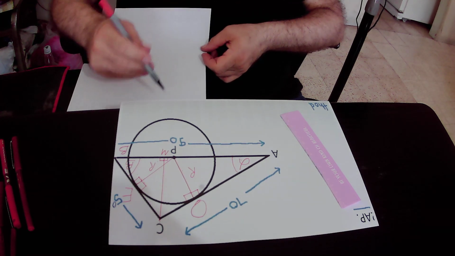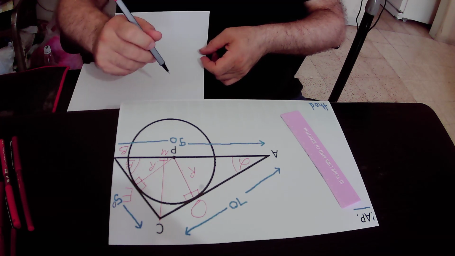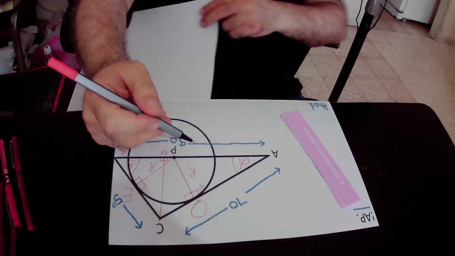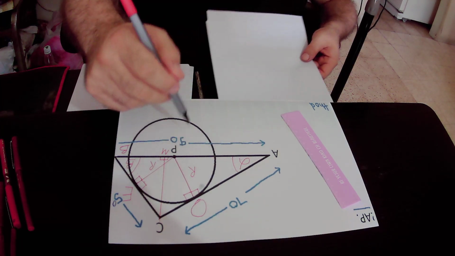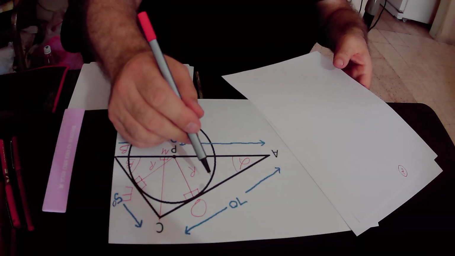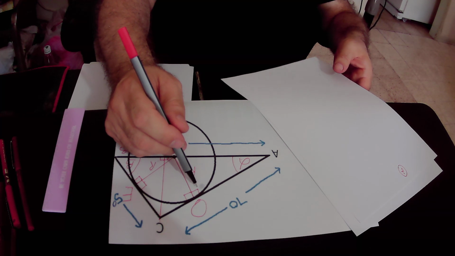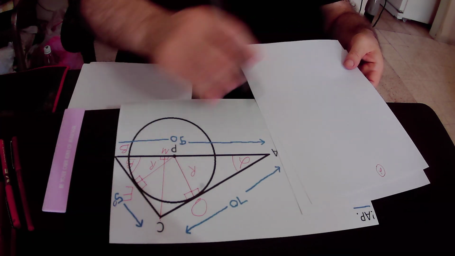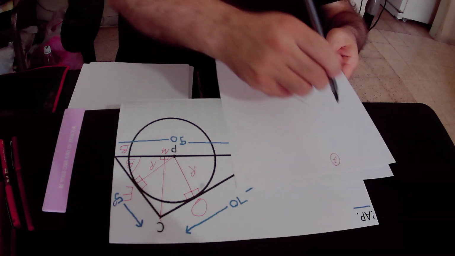In the next step, we will focus on two right triangles. The first right triangle will be the right triangle AOP. As I already told you, it is a right triangle because it has one angle that equals 90 degrees. So we will focus on triangle AOP.